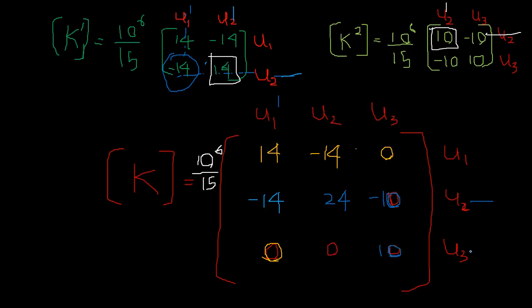U3, U2 means minus 10. Whatever happens, this is symmetric, right? You can see this is symmetric. Then you need to determine your K matrix, your F matrix, and your U matrix.